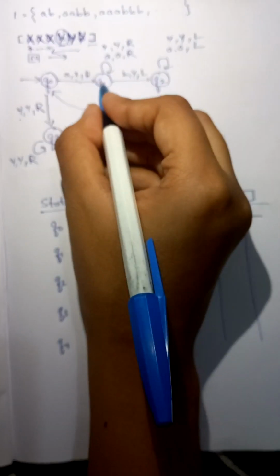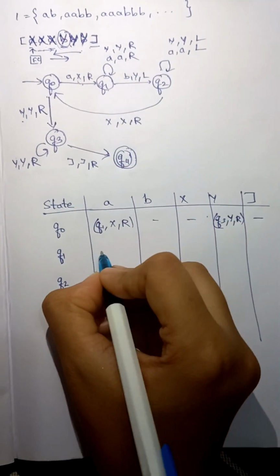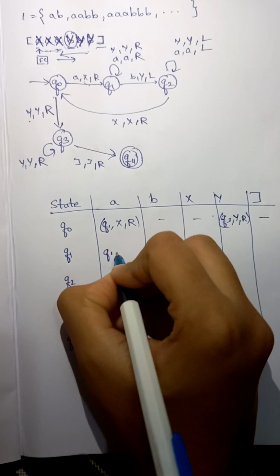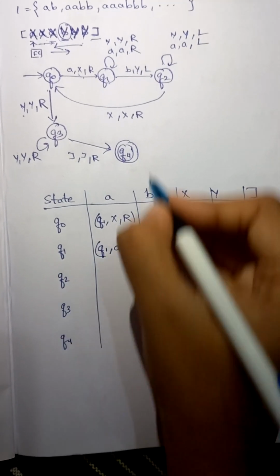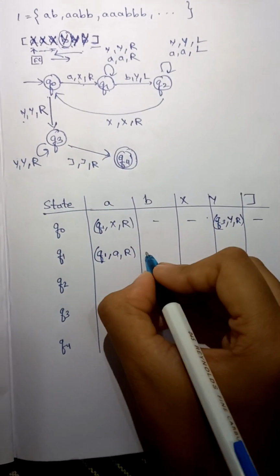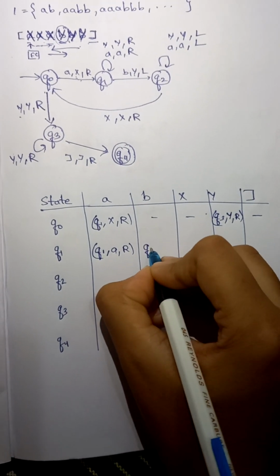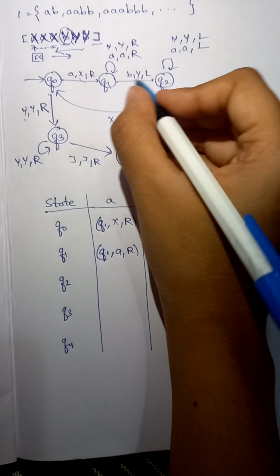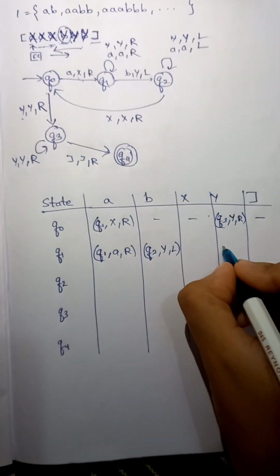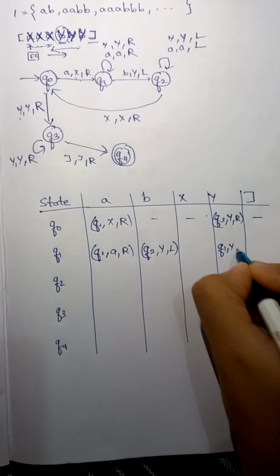For state Q1, the inputs are A: there's a self loop, Q1, A and right. The next input B, it goes to Q2 state, changing it to Y and moving to left side. There's no X input; for Y, it has a self loop, so Q1, Y, and it's moving towards right.